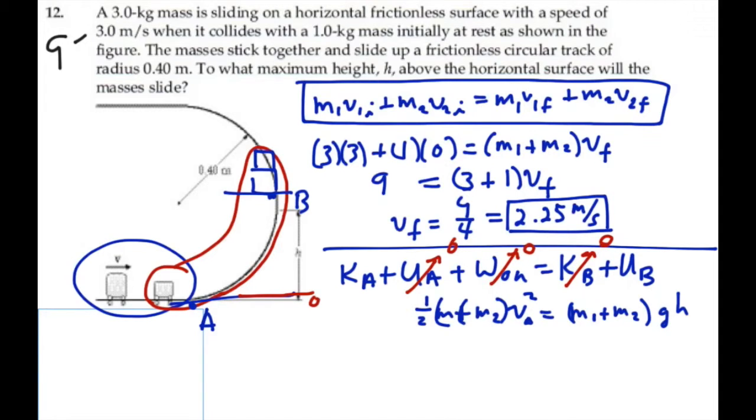We can cancel out the mass on both sides and solve this for h. So h is equal to 1/2 the velocity squared divided by g, or velocity squared divided by 2g.